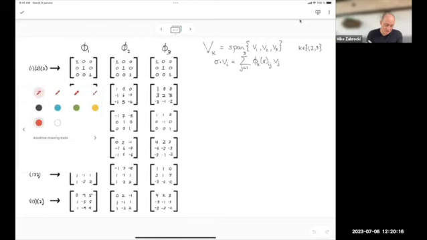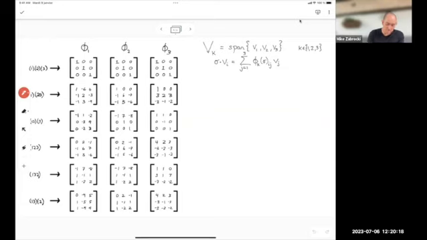So let me compute the character. I only need to compute it on one representative for each cycle type, so I can just do this one and this one.